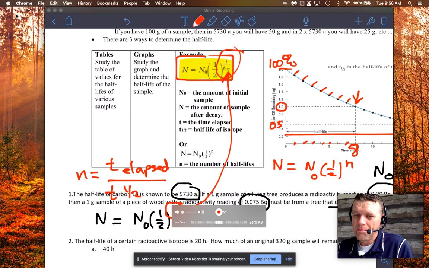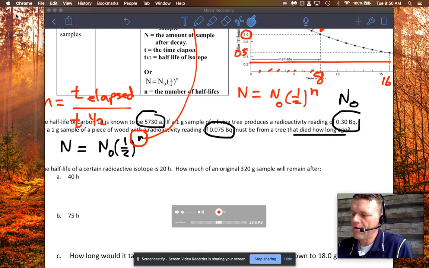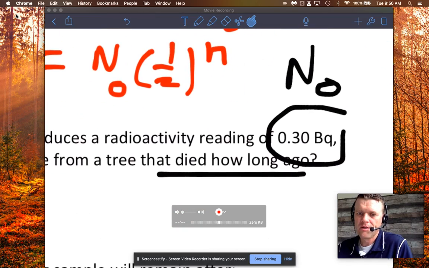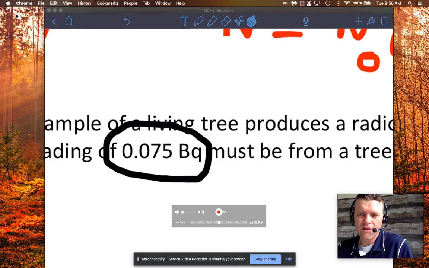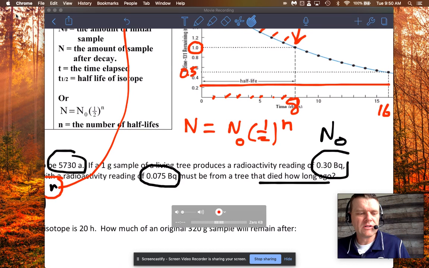The really simple way of handling half-life is look at the original amount, which is 0.3, and then you look at the amount remaining, which is 0.075. All you can do is in your calculator, you just go 0.3 and divide that by 2.